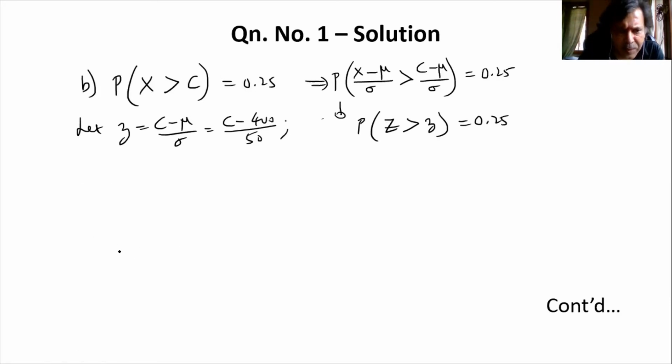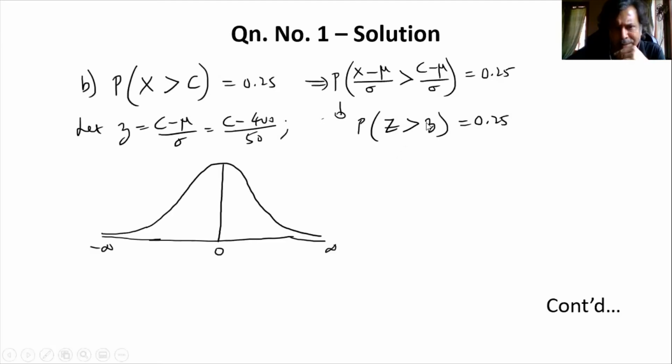Now, how do we express this in terms of a graph? Again, standard normal curve, symmetric on both sides. Now, the z greater than some particular value is only 0.25. Means I have to shade it above that z value, but that coverage should be only 0.25.